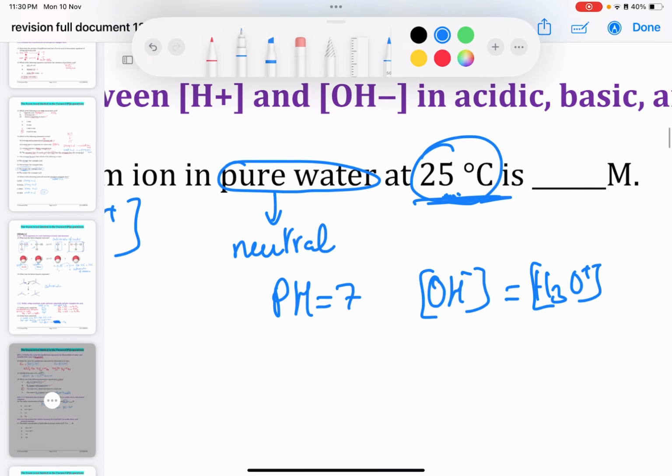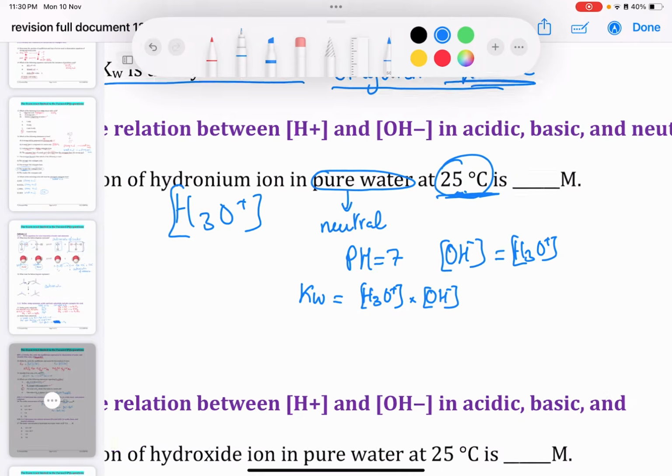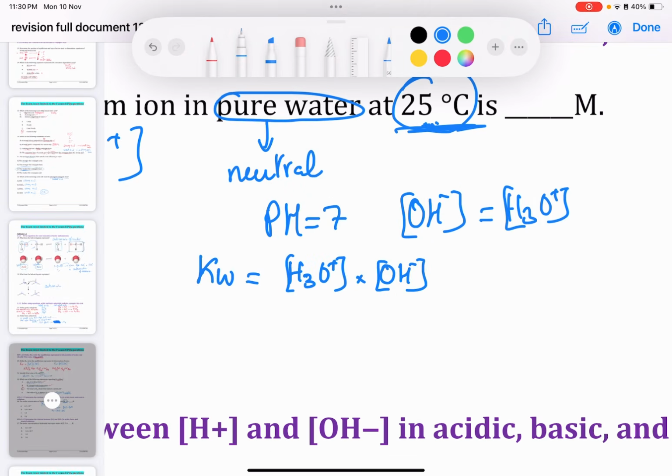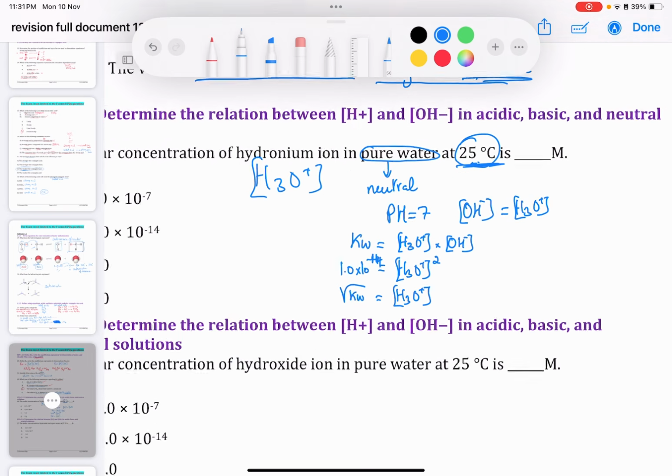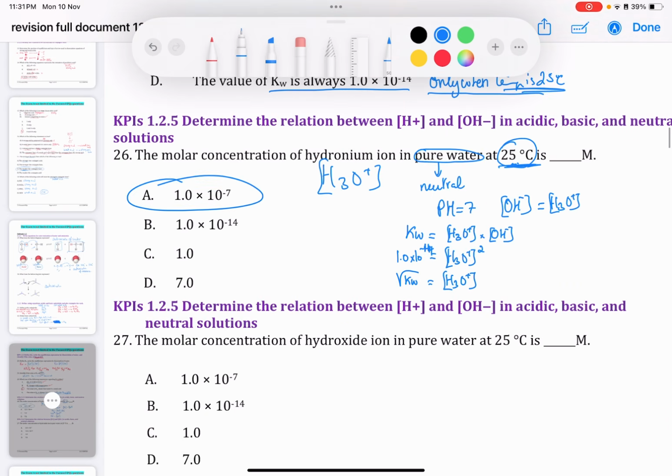So, if I substitute in Kw, H3O plus multiplied by OH minus, let's substitute OH minus and put instead of it H3O plus, so H3O plus squared is 1.0 times 10 to the power negative 14. So the square root of Kw will give me the value of the hydronium ion concentration, which is 1.0 times 10 to the power negative 7 molar.